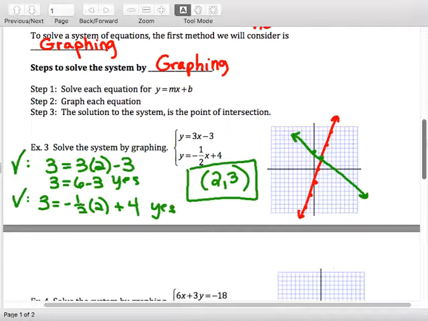And I want you to graph this. So you can either do the intercept method, you know, where we make the table for each and plot it, or you can put them in y equals mx plus b form. All right, so I'll give you a head start on me.